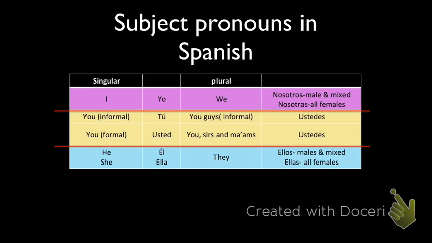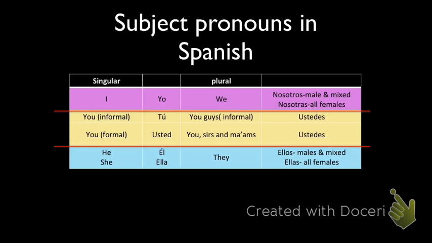Here's that table again we saw in the beginning, but I've separated it out between our three main groups. So the first group, which is called first person in grammar talk, is the person who's talking. It's in pink on here. So it's either yo, or if it's lots of people talking, nosotros or nosotras.